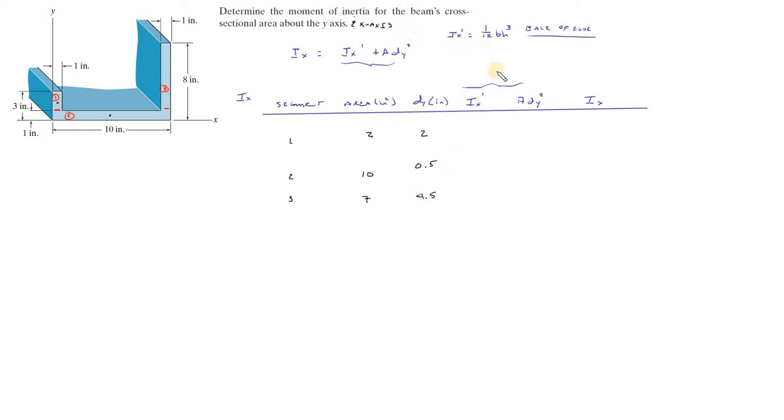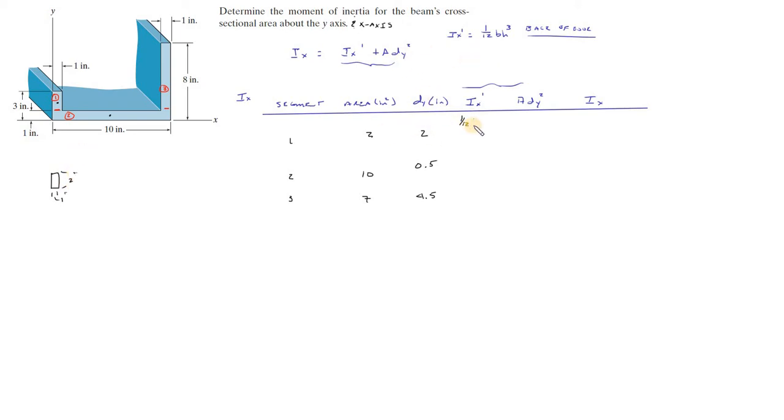So using the Ix prime equation, it's 1/12 base times height cubed. For segment 1, if we're looking at that rectangle, we know our base is going to be 1 inch and our height is going to be 2 inches.